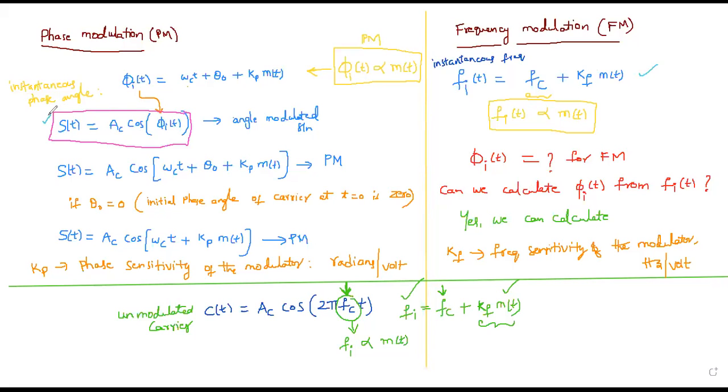And if you see the equation there, it is Ac into cos phi i of t. Ac is anyway the amplitude of the unmodulated carrier signal, so I can directly write it as it is. What about this phi i of t? Did we define phi i of t for the frequency modulation signal? The answer is no, actually. We have defined only fi of t. Now, from fi of t, can we calculate phi i of t? This is what we have to see now.